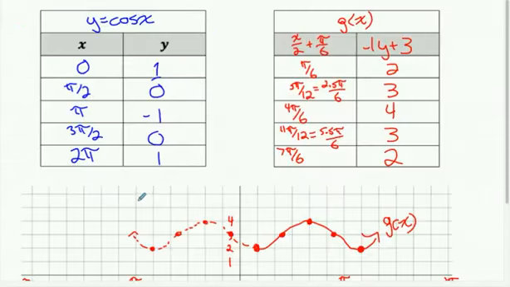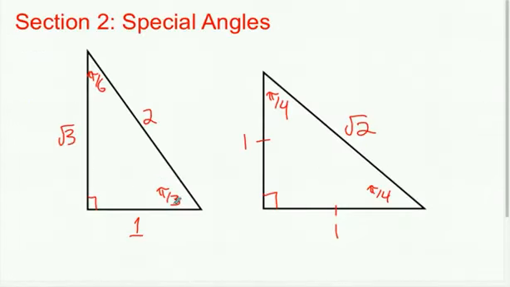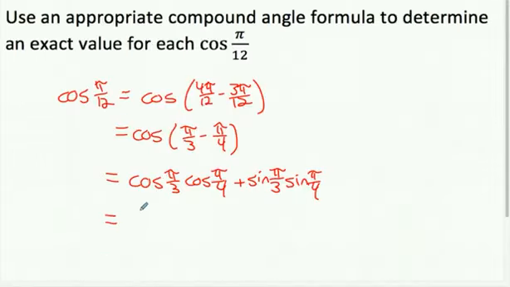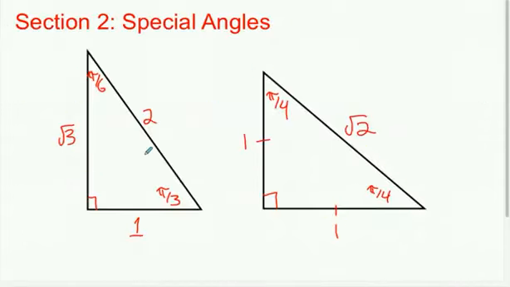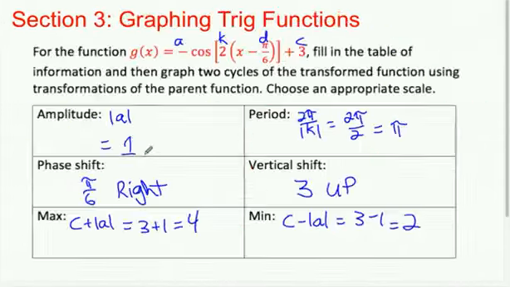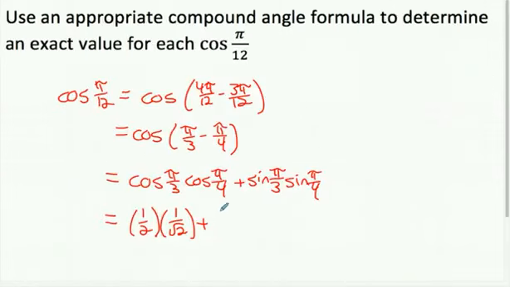Cosine pi over 3 is 1 over 2. Cos pi over 4 is 1 over root 2, plus sine pi over 3, which from the special triangle is root 3 over 2, and then sine pi over 4 is also 1 over root 2.